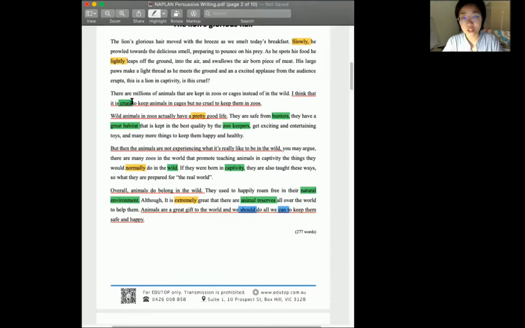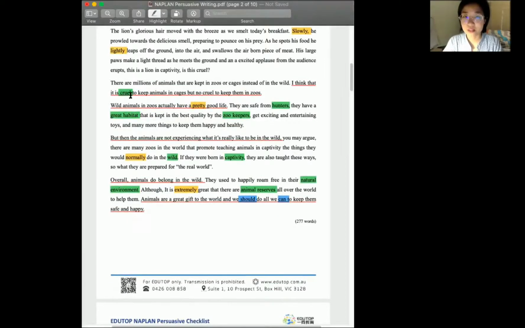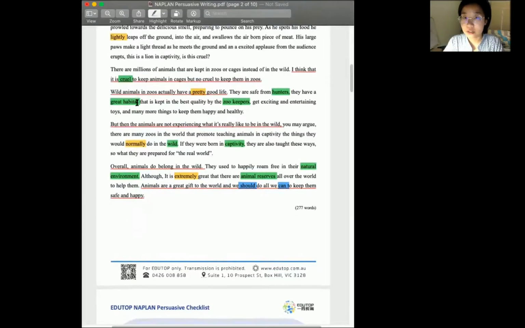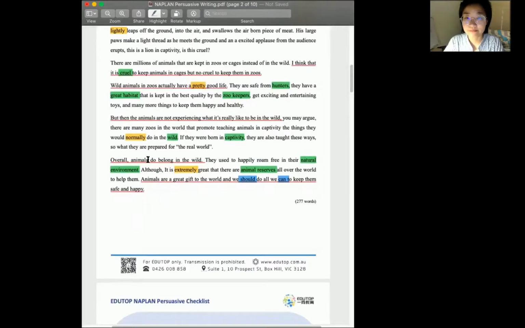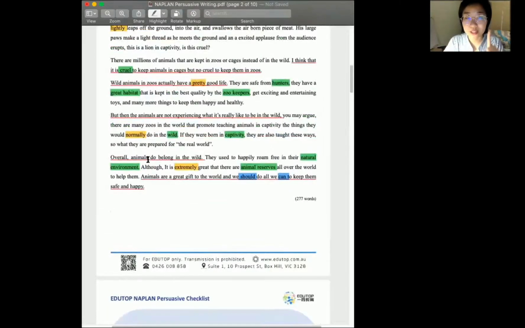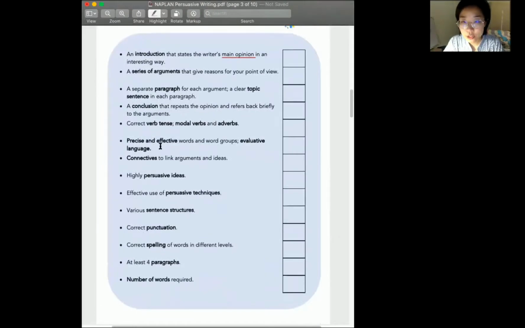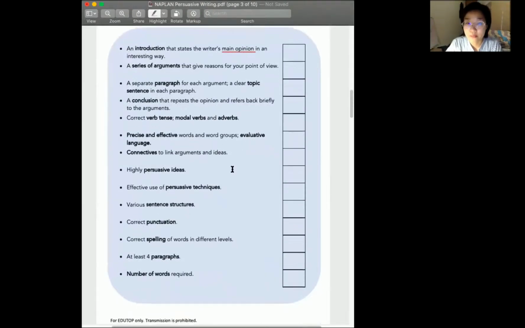Cruel is an adjective, isn't it? So cruel just expressed the opinion that the writer disagrees with keeping animals in cages, isn't it? So you can also use that kind of technique in your writing. So that will be a tick for this one.